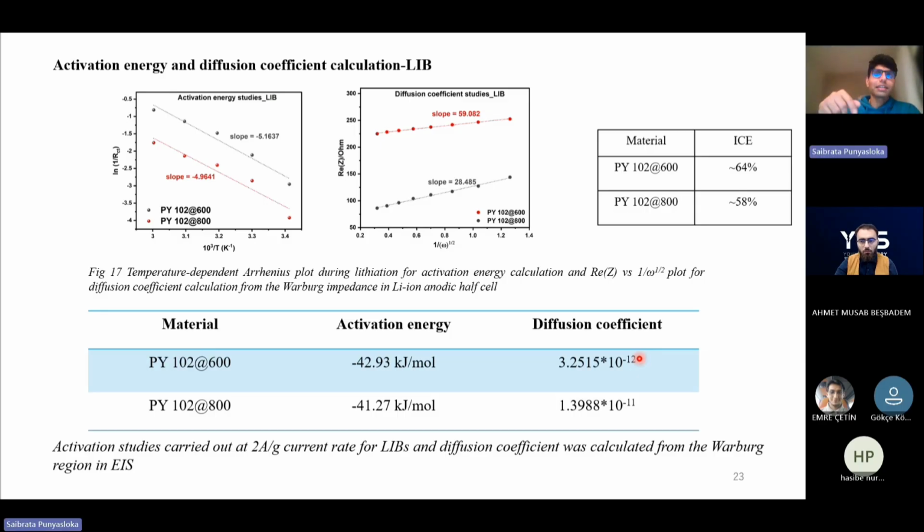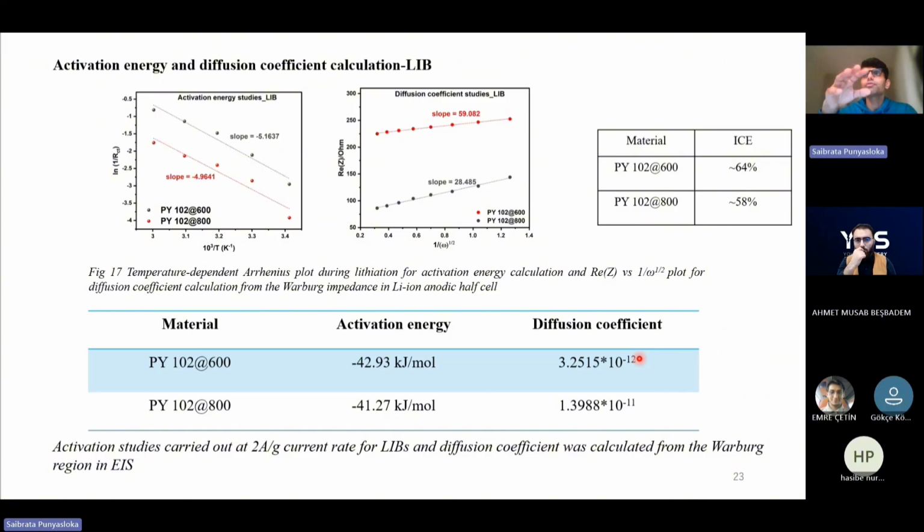During the lithiation process, lithiation starts in any carbon-based material at approximately 0.1 or 0.2 volts. So I stop at that potential at that temperature and then record an EIS. After doing that, I deconvolute the EIS spectra. So there are R1 and R2 components.